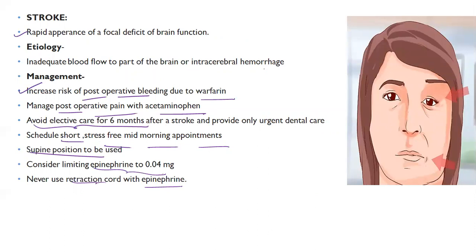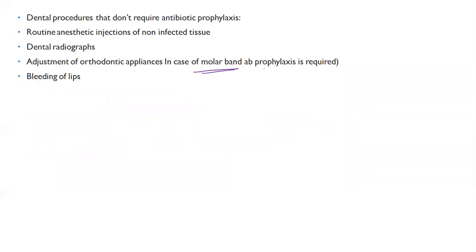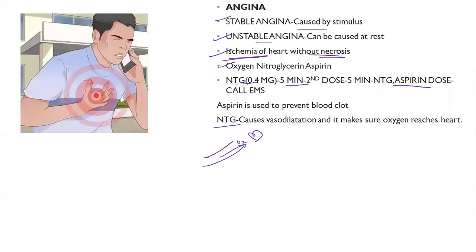In stroke, a particular part of the brain does not receive proper blood flow. In these patients, you do not do any treatments for 6 months, and supine position needs to be used, and limit epinephrine to 0.04 mg and never use retraction cord with epinephrine.